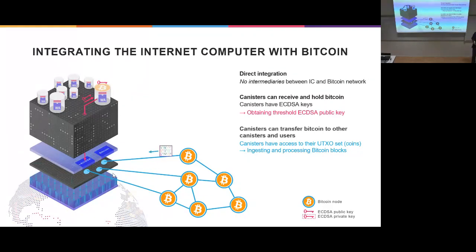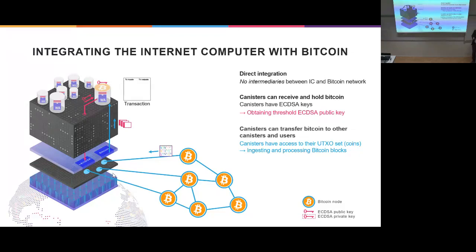So we connect in a decentralized manner from many node machines. Essentially all the node machines in the subnet that is Bitcoin enabled connect to multiple Bitcoin nodes and pull in Bitcoin blocks. Those blocks get processed in terms of extracting the UTXOs in the blocks and keeping them in the state of the Internet Computer. And then we can serve UTXO queries to canisters. So canisters can ask which UTXOs are available for a given Bitcoin address and get the response.